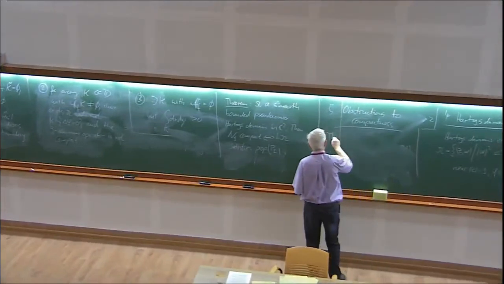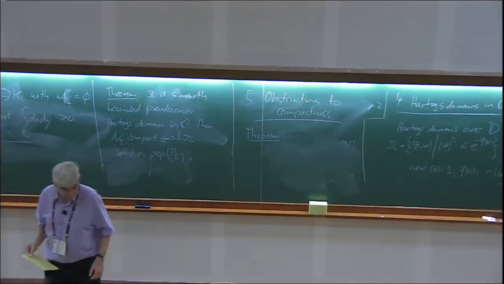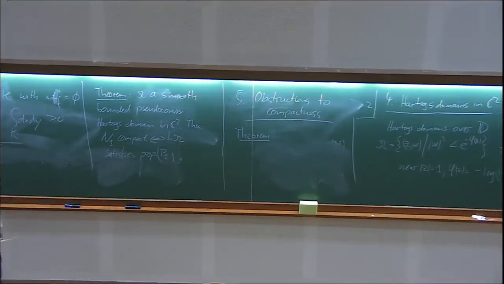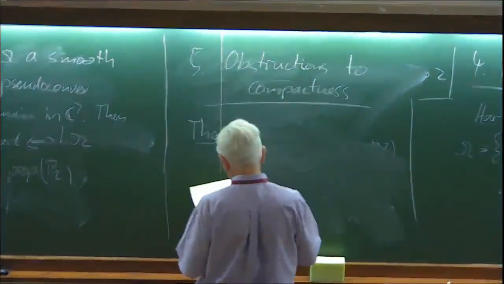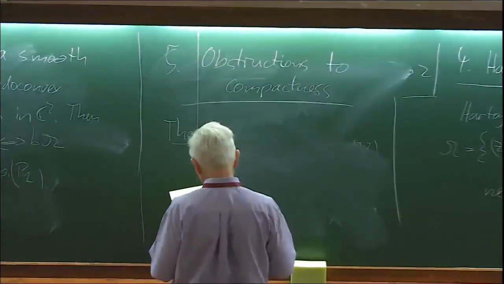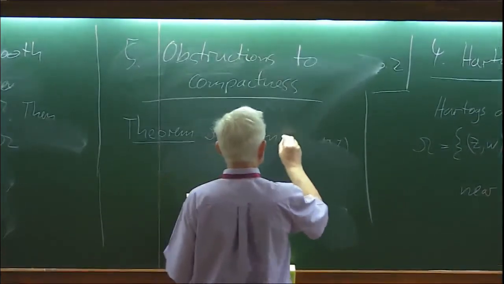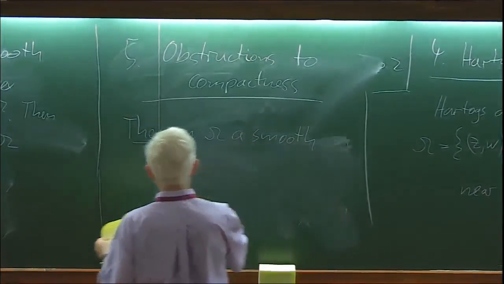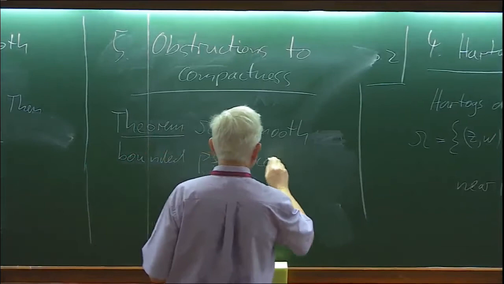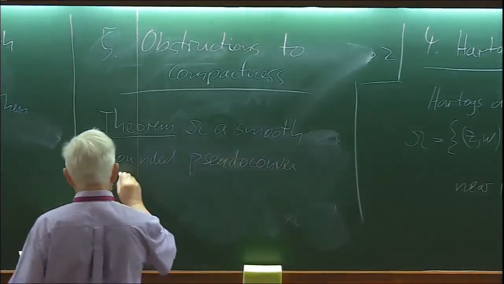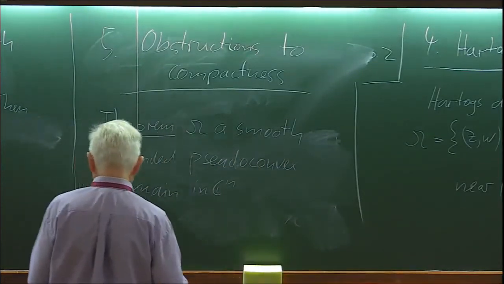So let me state this theorem that deals with analytic disks. This, by the way, was proved by Sunmis Hartogs and myself. Sunmis was a former student of mine. So, Omega a smooth, so C infinity smooth, bounded pseudo-convex domain in Cn.